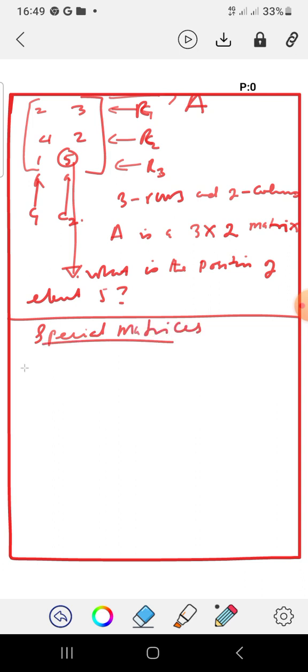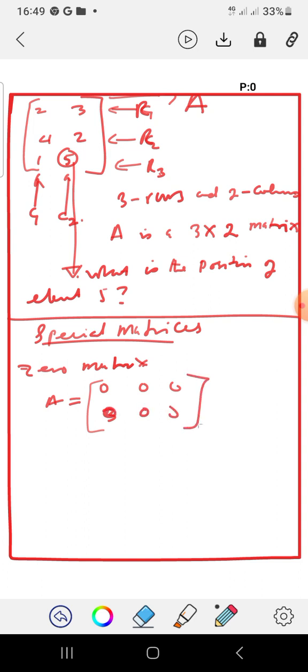So, we have the zero matrix. As the name implies, every element in this zero matrix, let's say A is a zero matrix, 0, 0, 0, is a zero. Only zeros are contained in the zero matrix.